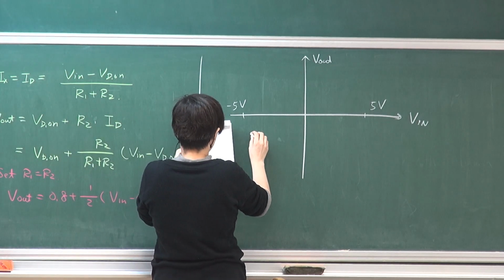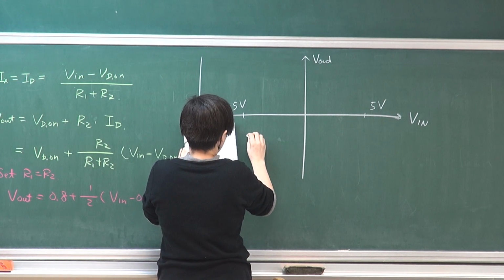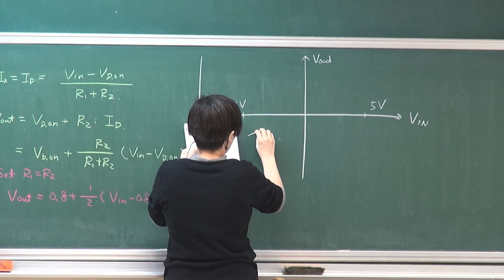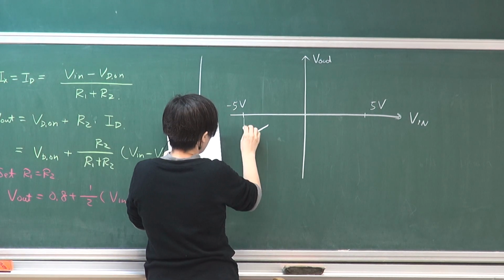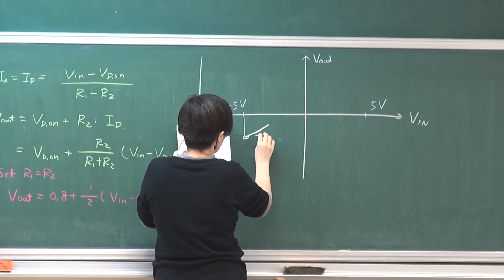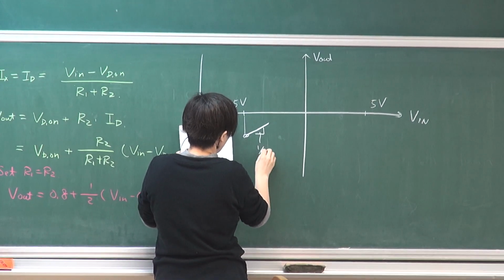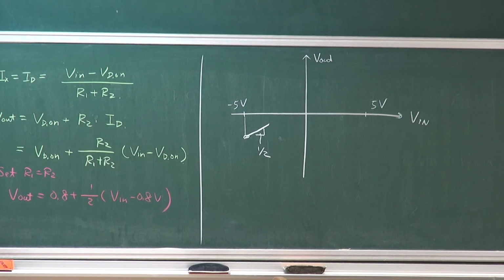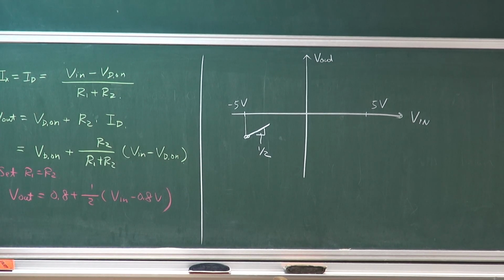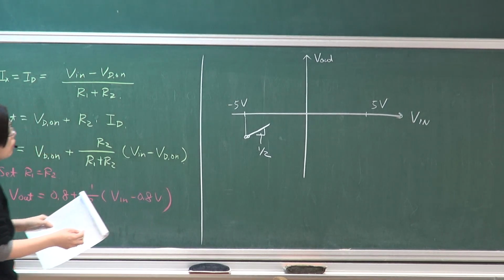So you simply insert this. We know that it's starting from here, the slope will be 1/2, if I'm assuming R1 equals to R2, and the voltage level will be -5.